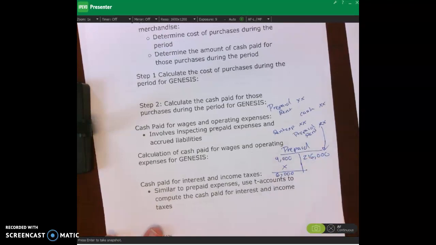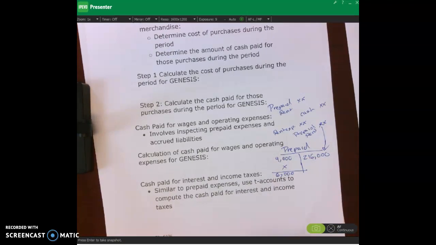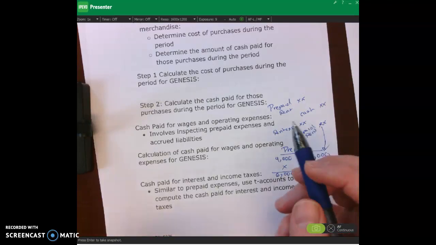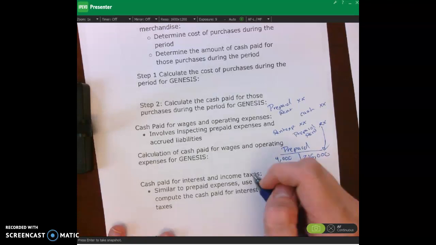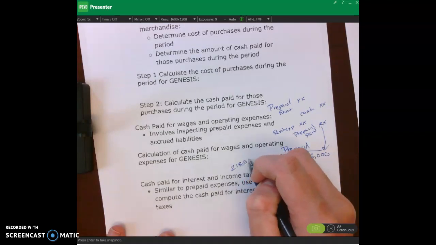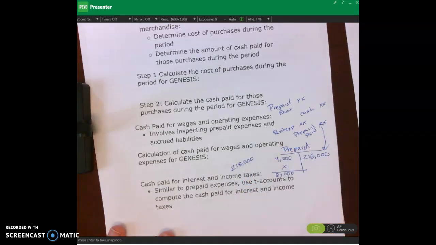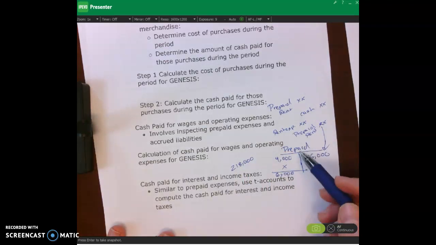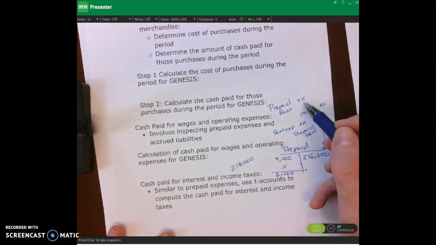Now we can solve for X. How do we solve for X? 4,000 plus X minus 216 equals 6,000. And when you do the math, you get 218 is equal to our unknown. Now, what does that equal? Well, when do we purchase any prepaid? When we buy it.